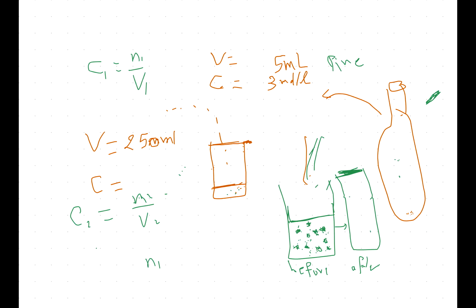N1 equals N2, which means, look here, N1 equals C1 V1, and N2 equals C2 V2. And this is what we call the equation of dilution.